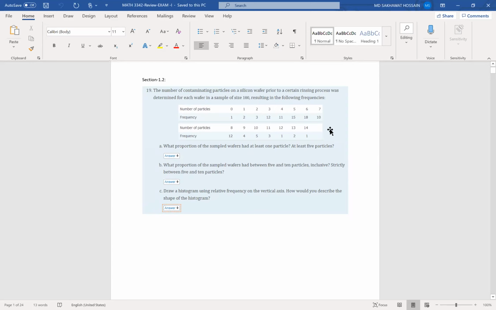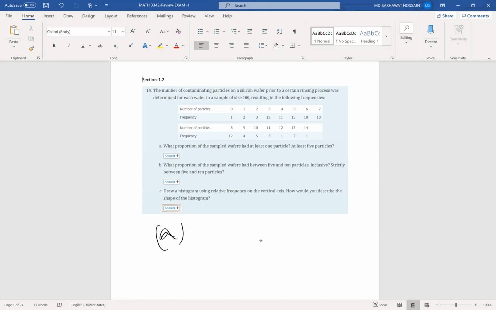One way is you can add all the frequencies for the particles from 1 to 14 and divide by the total, which is 100, and you will get the proportion. But here it will take more time. What you can do is the other way: consider the complement.